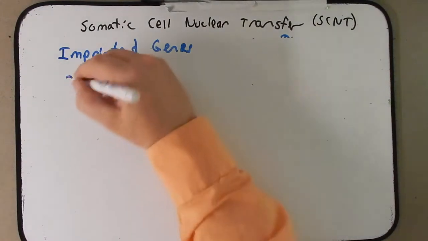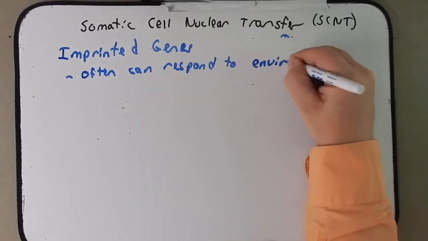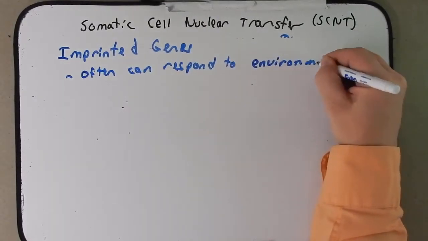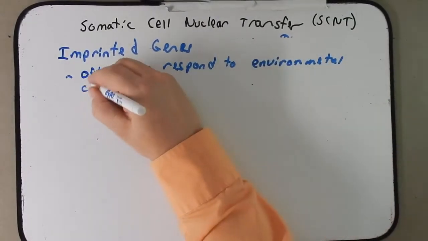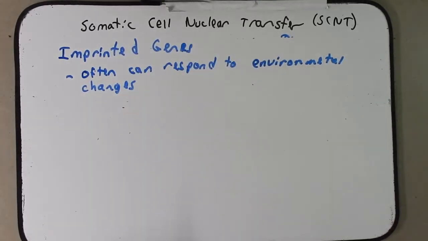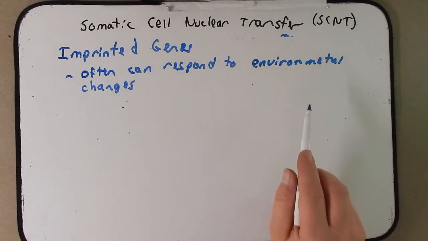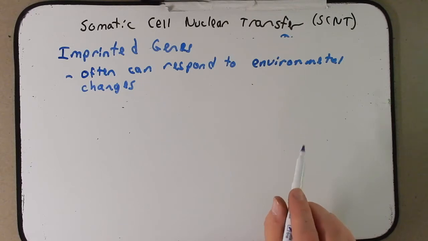Remember, imprinted genes often can respond to environmental changes or stresses. Sometimes we can get misexpression of these, or we can get changes in expressions of them. So it's possible adding the nucleus in there from a somatic cell is enough to respond in this environmental way that allows some of these imprinted genes to be misexpressed.